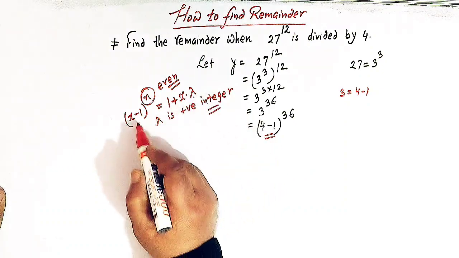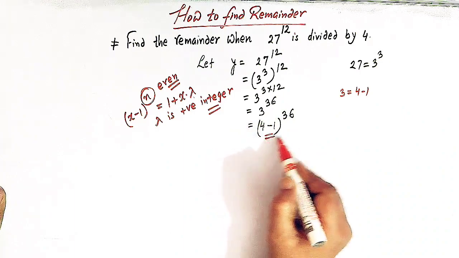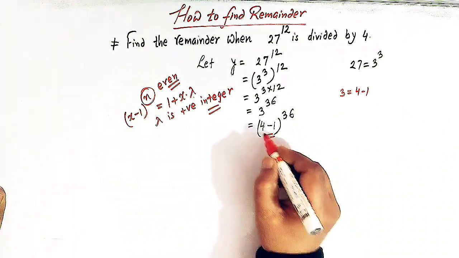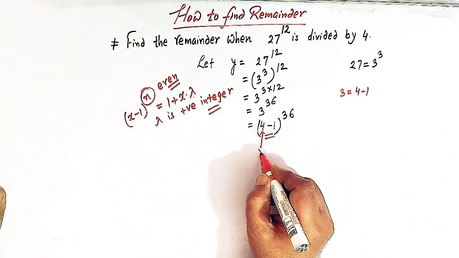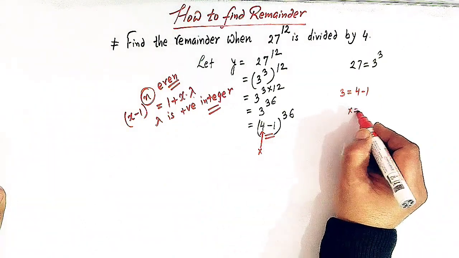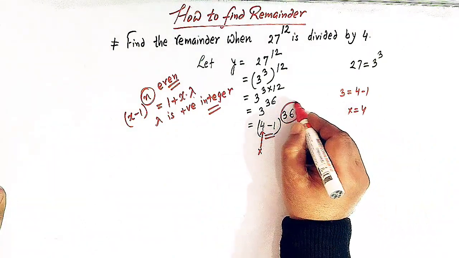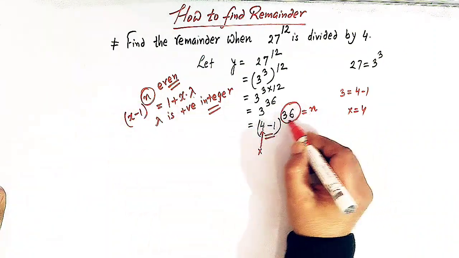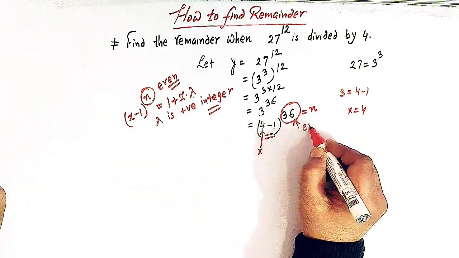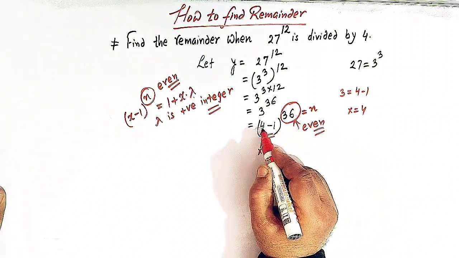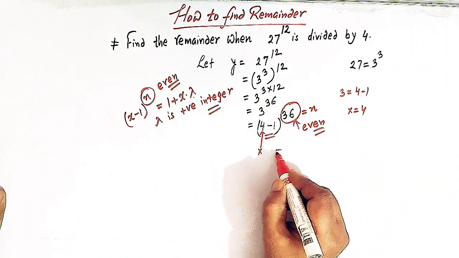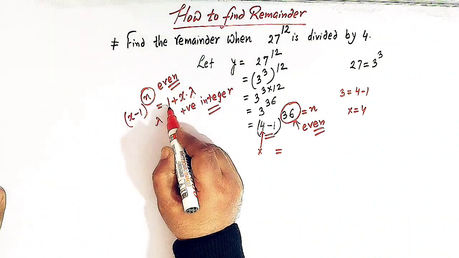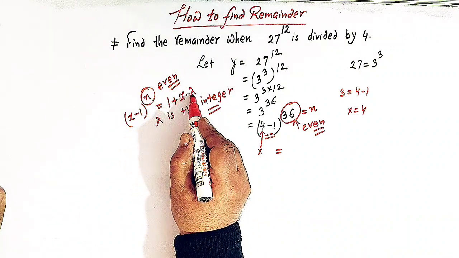Okay, so now if we compare this term with this one, then the value of x is 4. So we have x is equal to 4, and here 36 is the value of n, and this 36 is even.